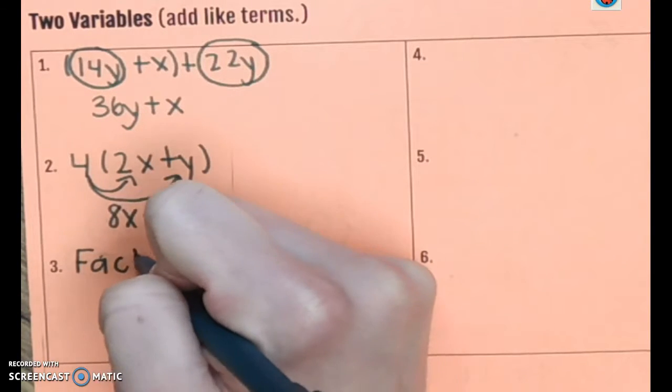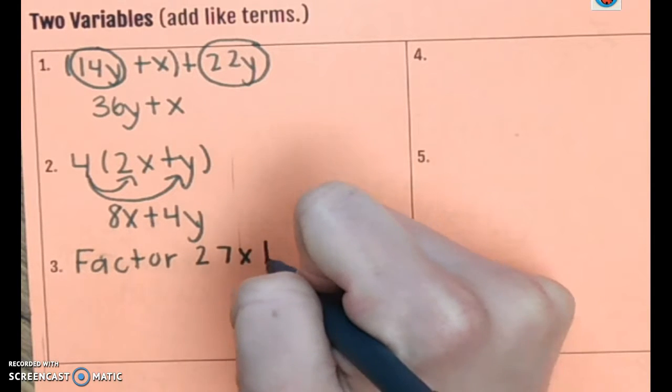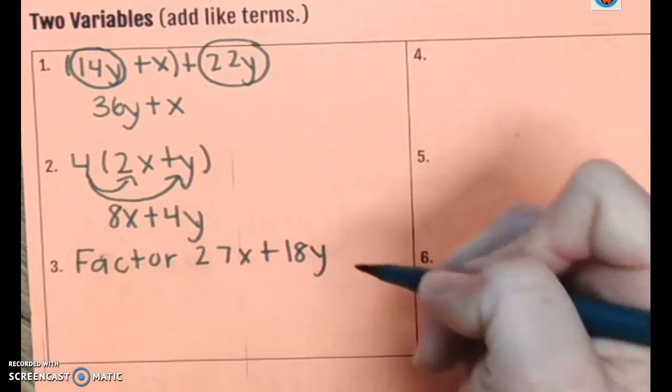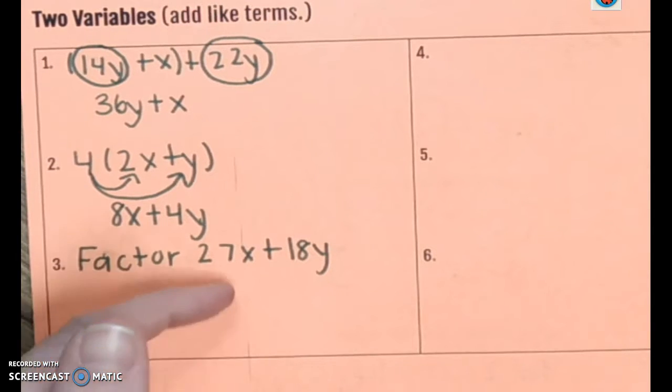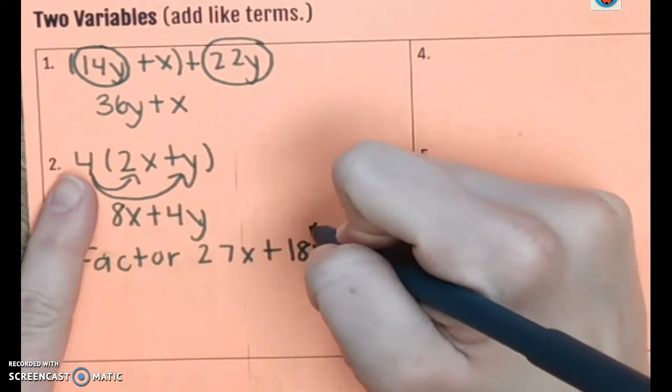On this one, we're going to factor 27x plus 18y. That means when it says factor, we have to take the biggest factor out of this. So I'm going to write down the factors for 18.